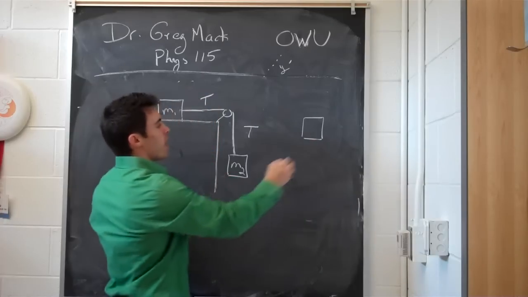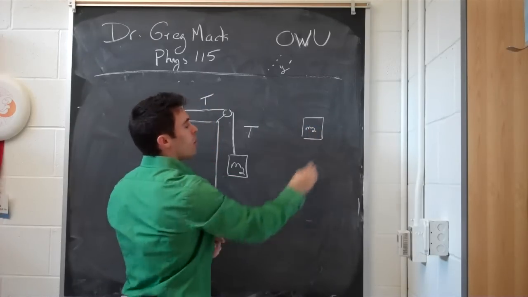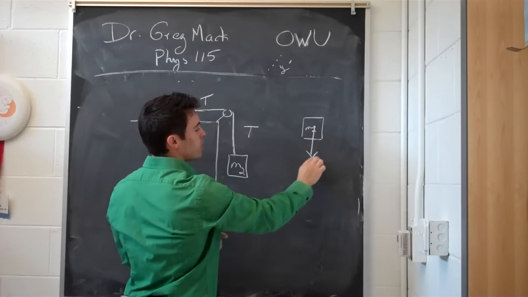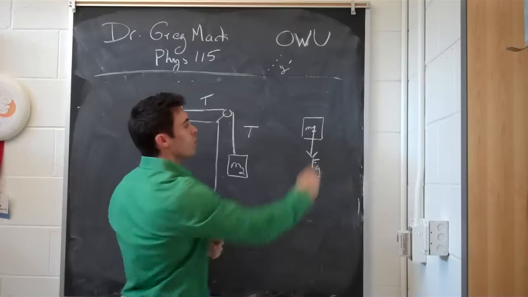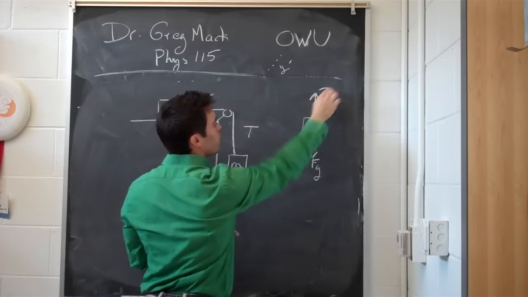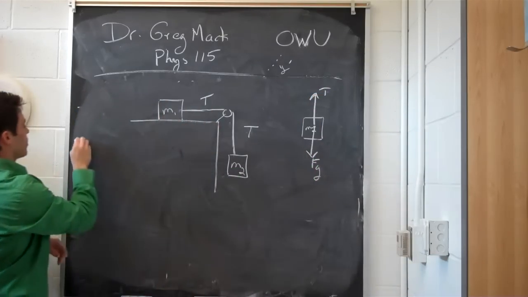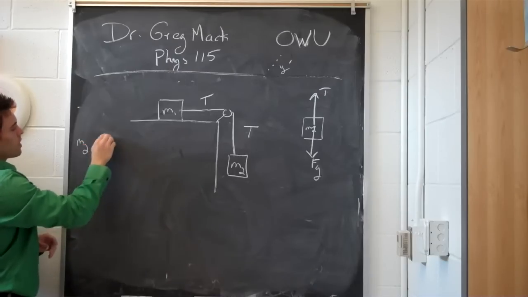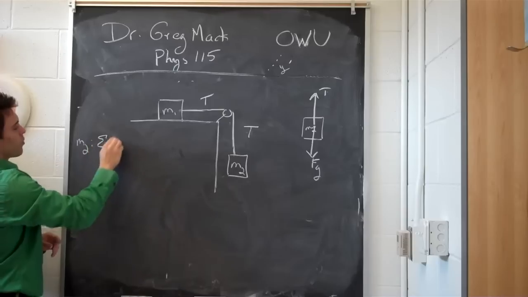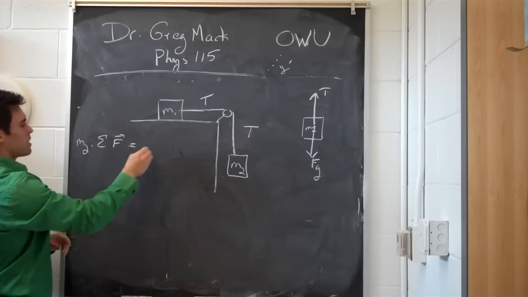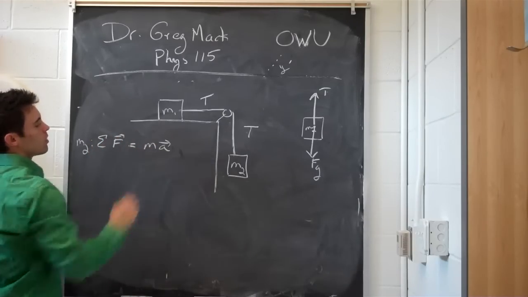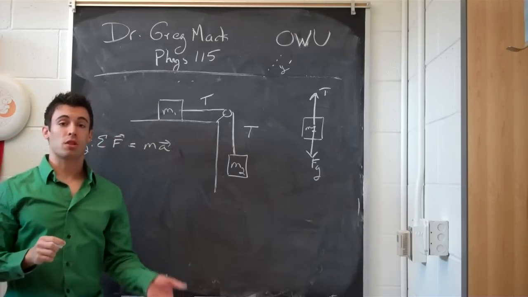And if we look at the second mass here, we have the force of gravity pulling it down. We have the tension pulling it up, and that's all we have. So Newton tells us to take the sum of the forces and set them equal to mass times the acceleration of the object.